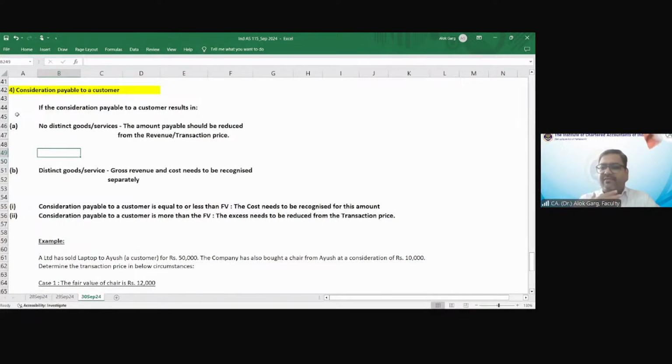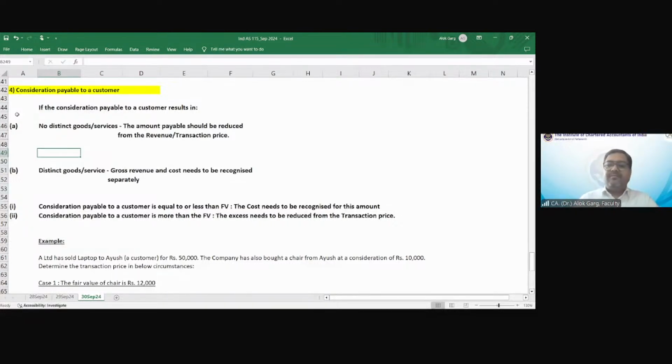I received 5,000 rupees. I paid 3,000 rupees. Net money I have received is 2,000 rupees. So 2,000 cash I have received, and I have also received the fair value of the chair, which is 2,000. 2,000 cash. My revenue is 4,000 rupees, right?